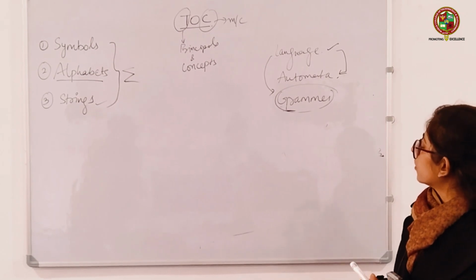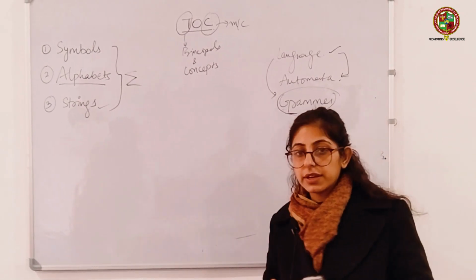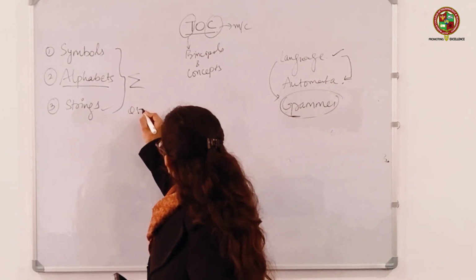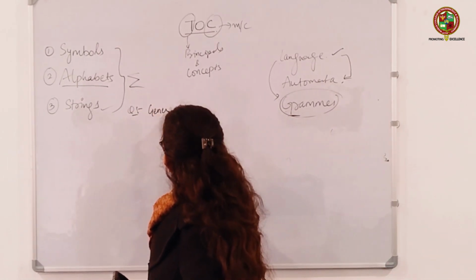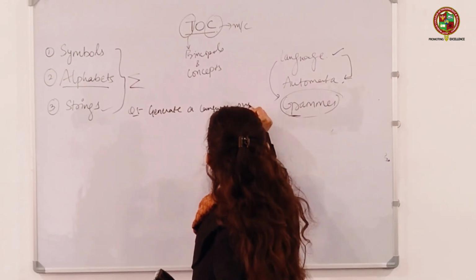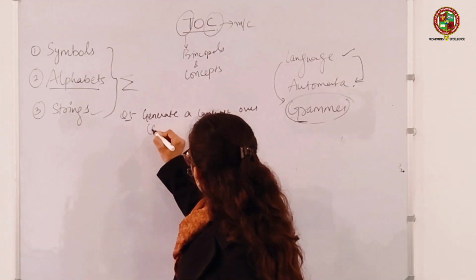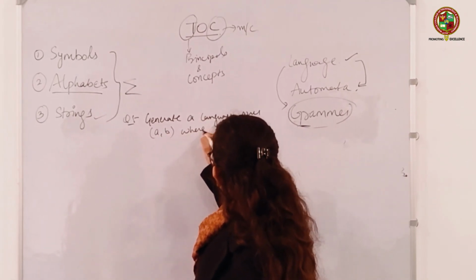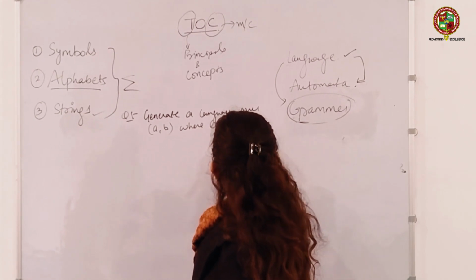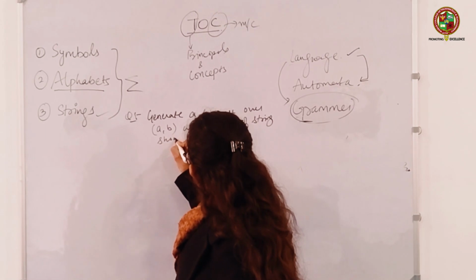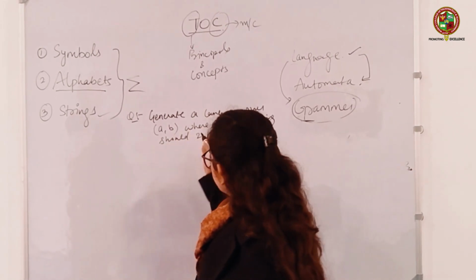So let's see one more thing. Let's generate a language. Let's take a question: generate a language over the symbols A, B, where the length of the string should be 2.